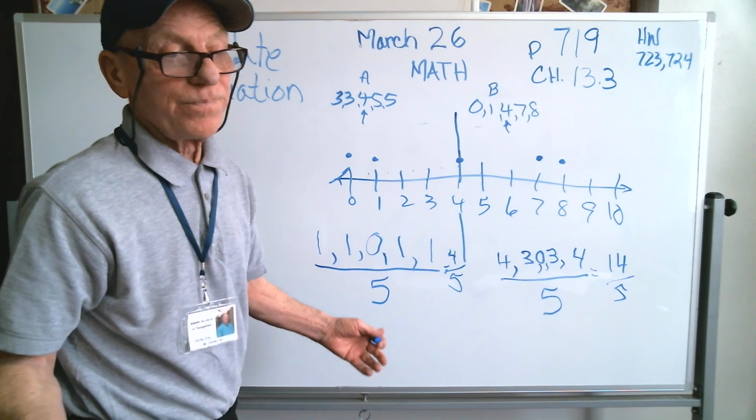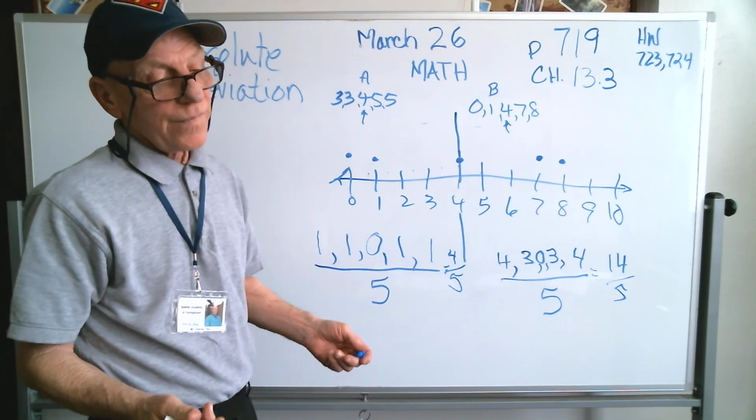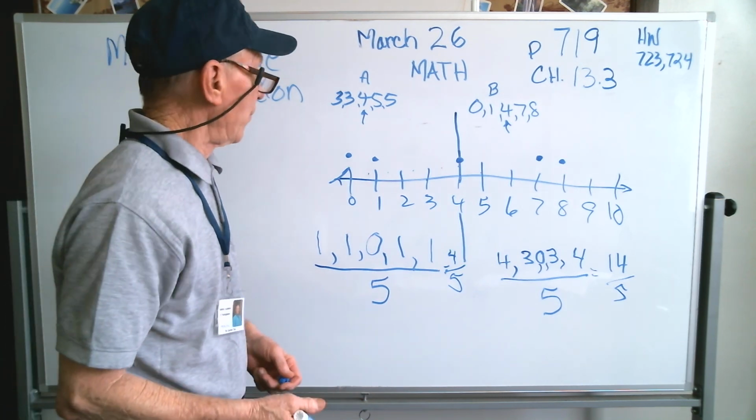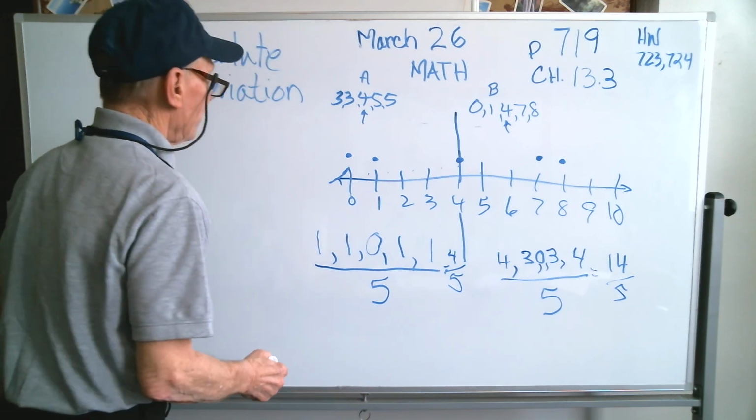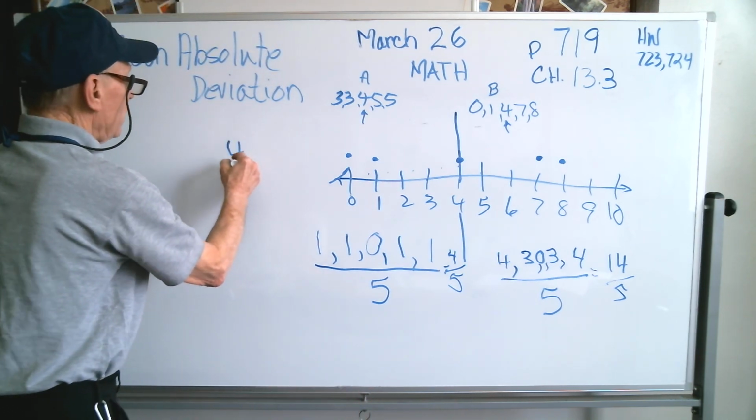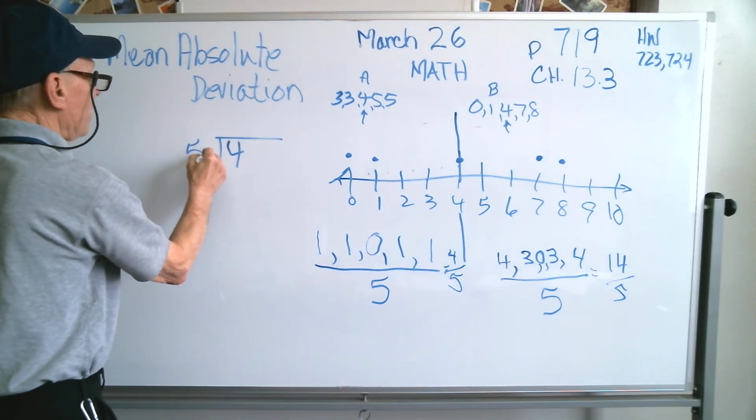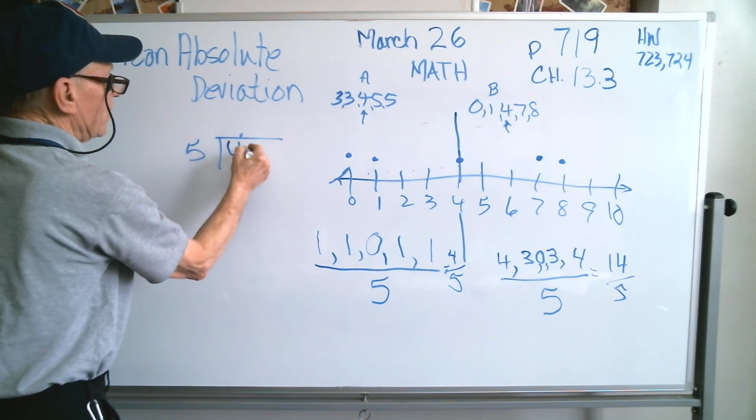And of course, when you have a fraction, essentially you have a division problem. So let's look at this. 4 divided by 5, your decimal point.